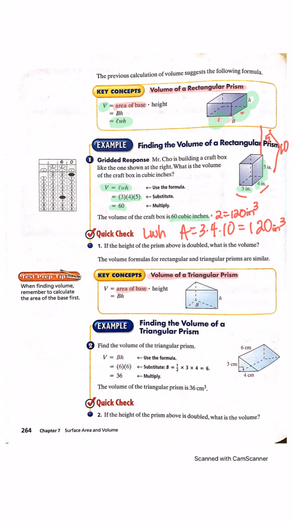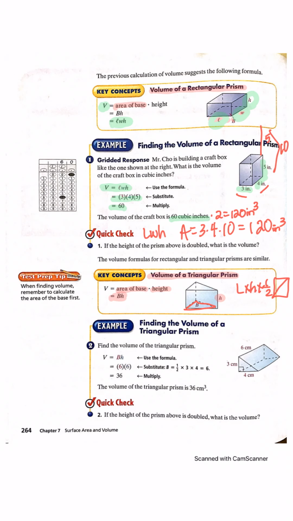So we have to remember the area of the base is the area of a triangle, which is going to be the length times the height times 1/2, right? Because it's going in a square and then half of that is the triangle. So the area of the base times the height. So the base area times height.